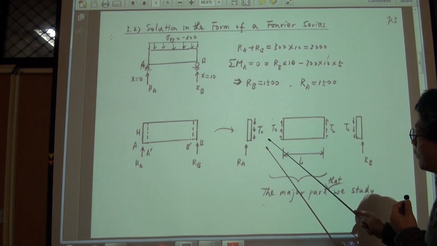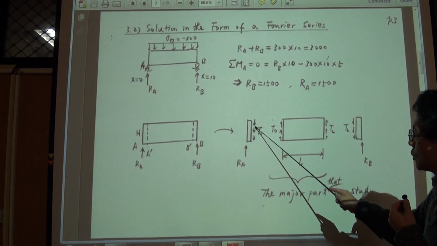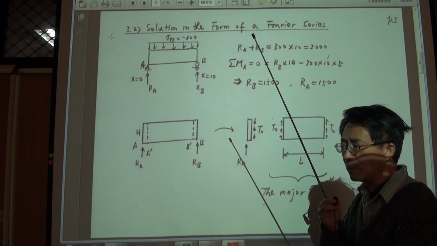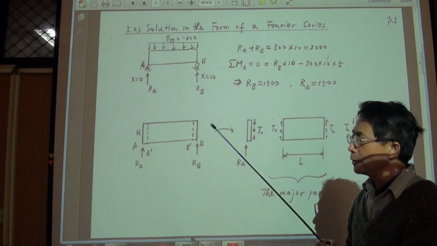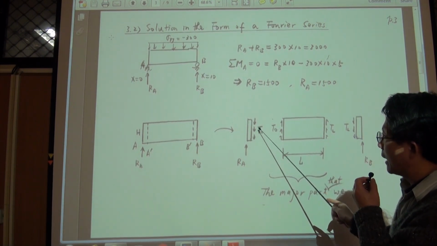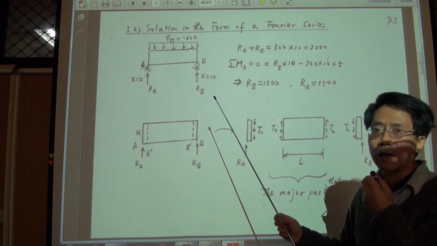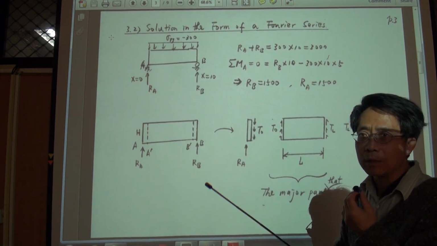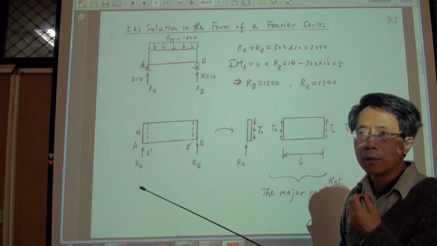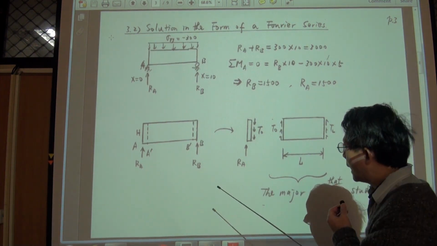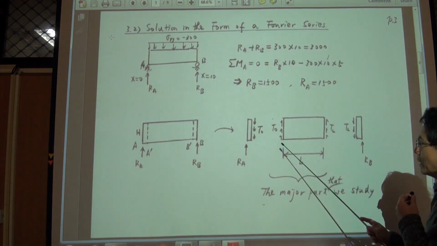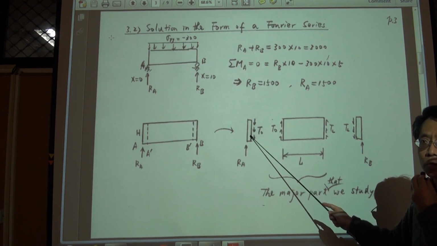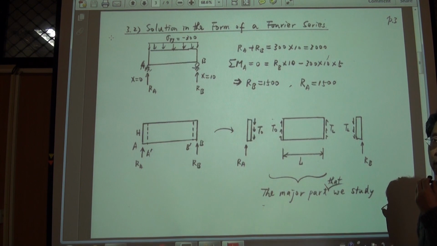Okay, but we can assume that the shear stress here is uniform by the Saint-Venant principle we had talked about before. If we assume another kind of distribution, so long as the resultant force is the same, then the global behavior will be similar. So by such kind of argument, using the principle, we can assume that the shear forces here are uniformly distributed.